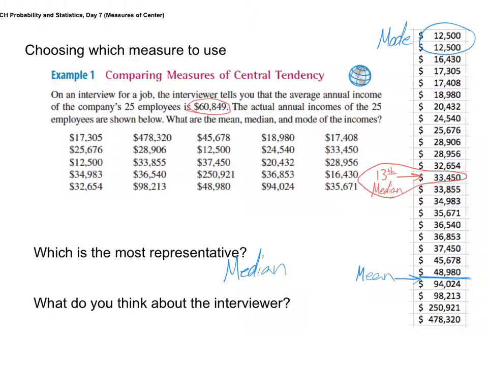And the guy who's interviewing you tells you that the average annual income of all the employees in their company is $60,849. He's trying to make it sound like you would be paid more. He's trying to make the company look better. Yeah, he's trying to make it look as though the company is really generous, has high salaries and whatnot.